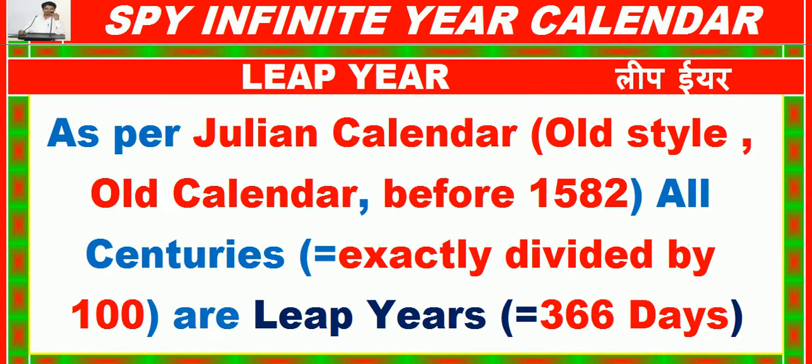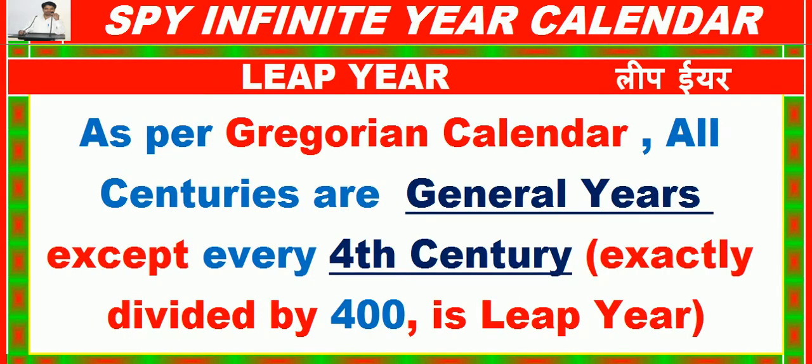As per the Julian calendar old style, old calendar, before 1582, all centuries exactly divided by 100 are leap years equals 366 days. As per the Gregorian calendar, all centuries are general years except every fourth century exactly divided by 400 is a leap year.